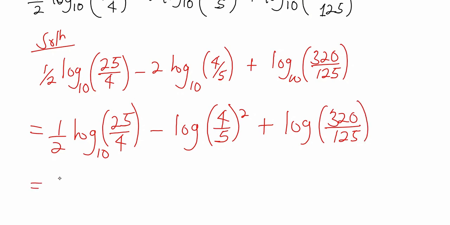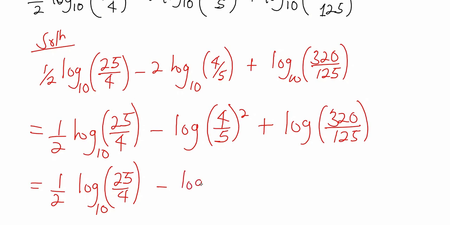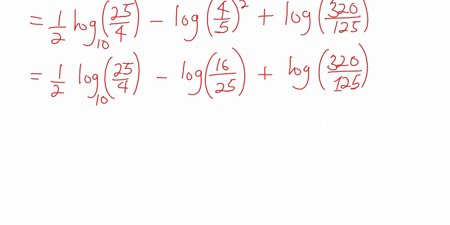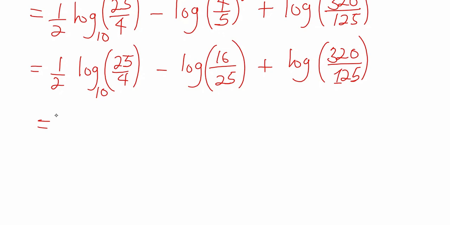Now if that continues, we maintain half logarithm of 25 out of 4 base 10 minus logarithm of, now it implies 4 squared, so 4 squared gives us 16 and 5 squared gives us 25, plus our logarithm of 320 divided by 125. Now having known this, you can also see that this half can also be written as an exponent to 25 out of 4.